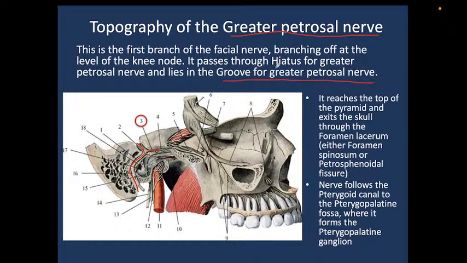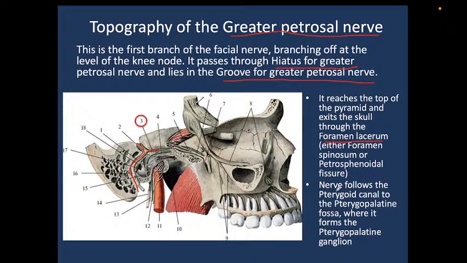All of these structures are located on the anterior surface of the pyramid of the temporal bone. The greater petrosal nerve reaches the top of the pyramid and then passes through the skull through the foramen lacerum. This is an irregular and quite large foramen in the base of the skull.